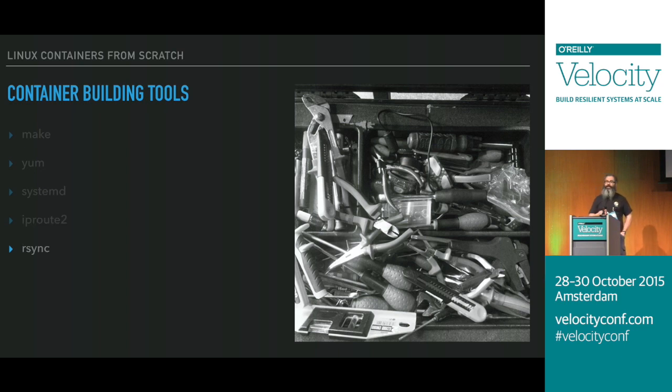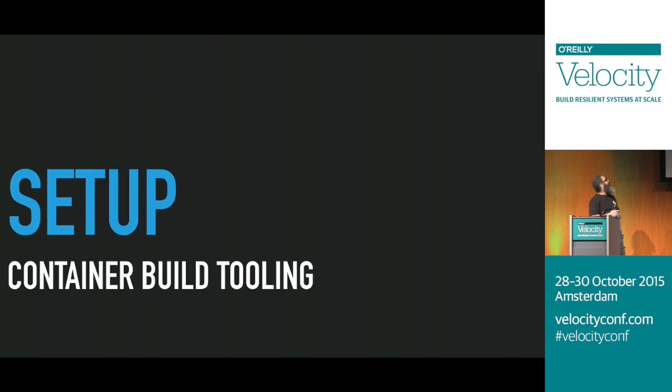And rsync, just a quick way to copy files efficiently. We're going to need to copy files into our container. And then bridge-utils. These are the tools that allow us to manipulate the Linux bridge devices that show up as part of the network stack. That's pretty much it. That's all we need. Everything else is built in.